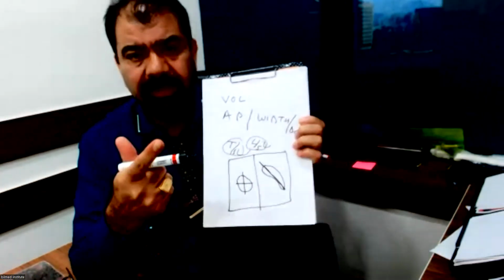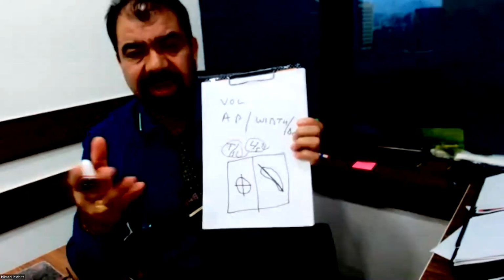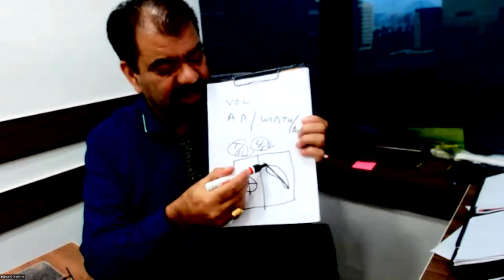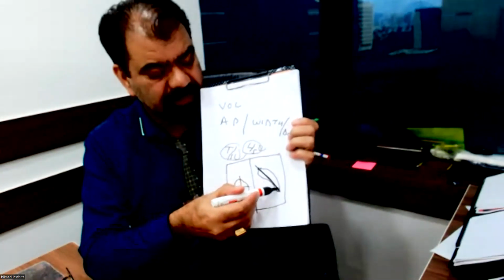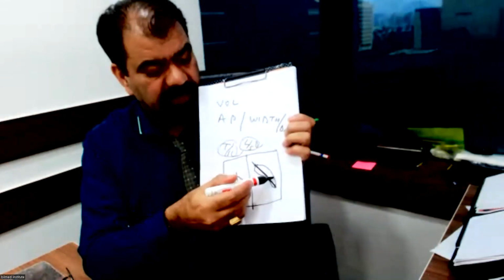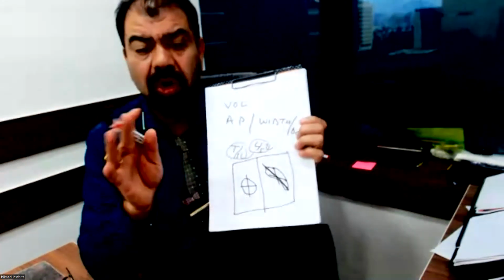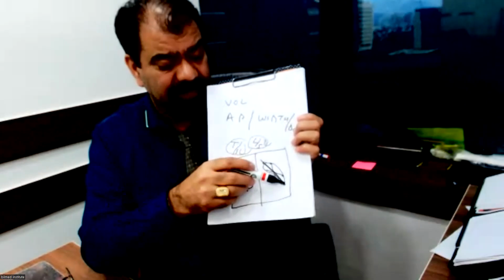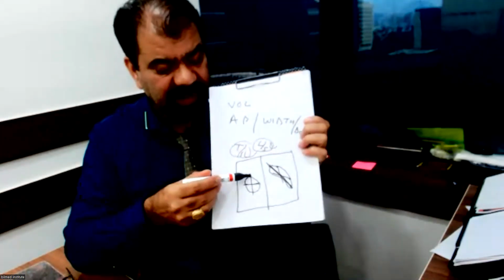Number two is that don't give the wrong measurement to the machine. By wrong measurement I mean maybe you take from here to here, maybe from here to here. No, you have to give one measurement in length, one in width, one in depth.